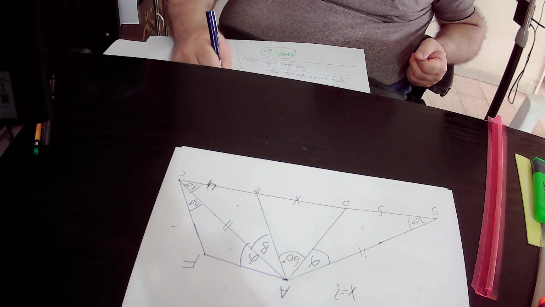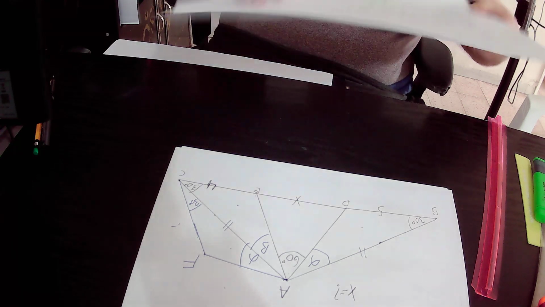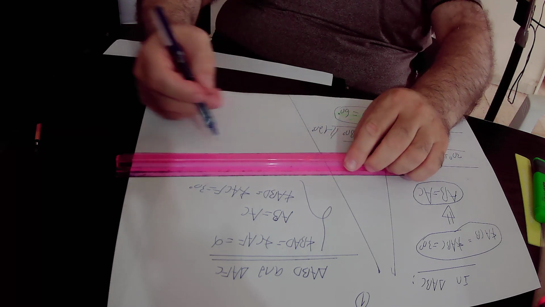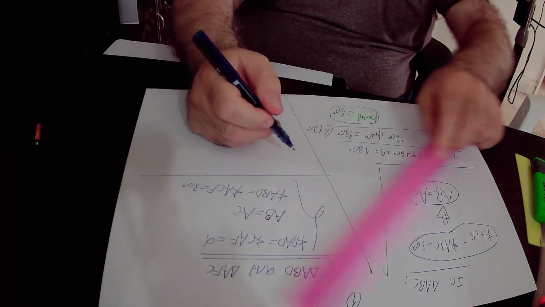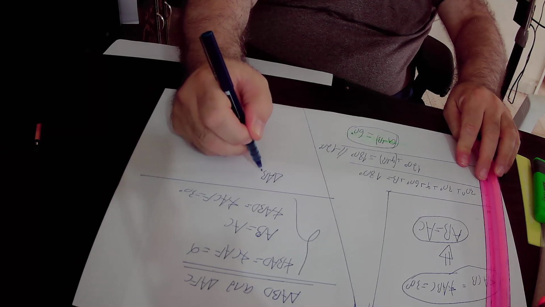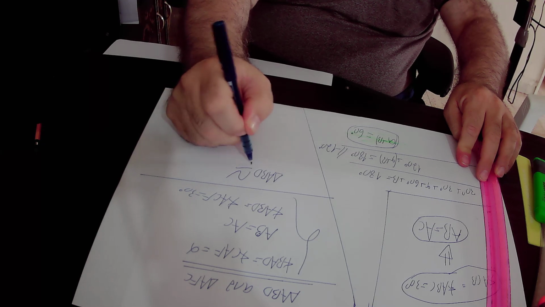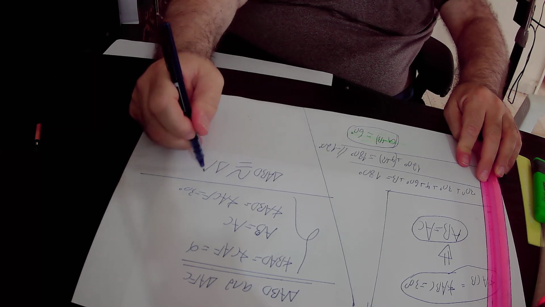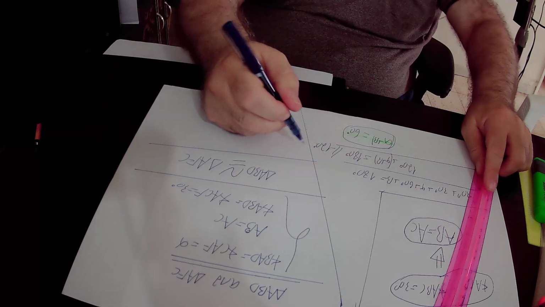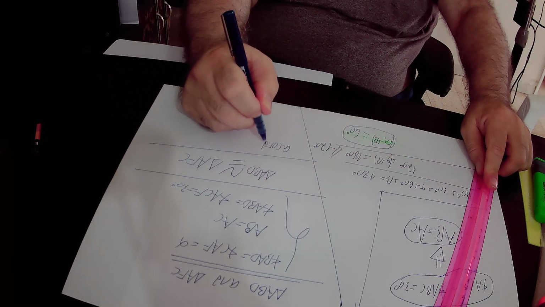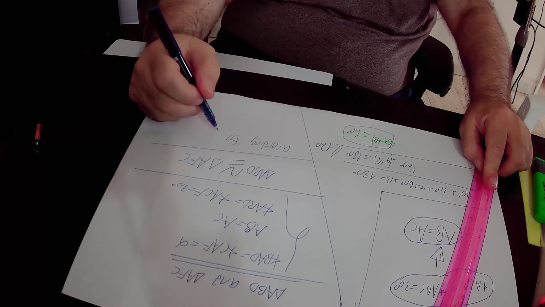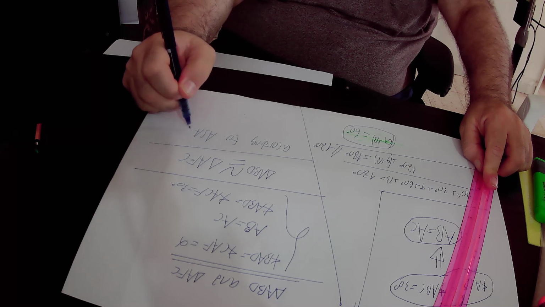So I'll repeat again, angle ABD equals angle ACF, they are both equal to 30 degrees. Actually, we proved that triangle ABD is congruent to triangle AFC according to the angle side angle rule.